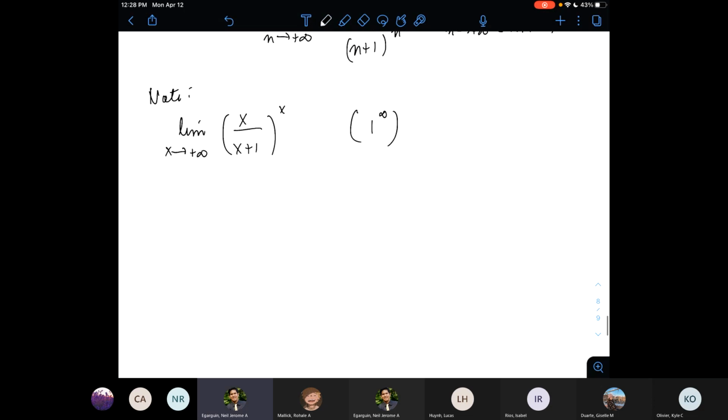Okay. So what we can do here is to let y be equal to x over x plus 1 raised to the power x. And since the indeterminate form happens to have an exponent, we'll take the natural log of both sides.